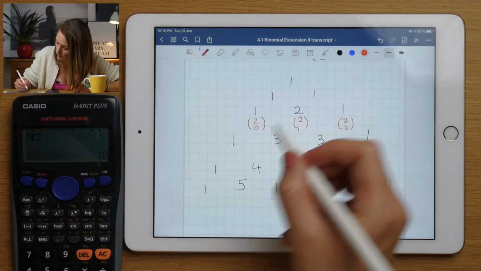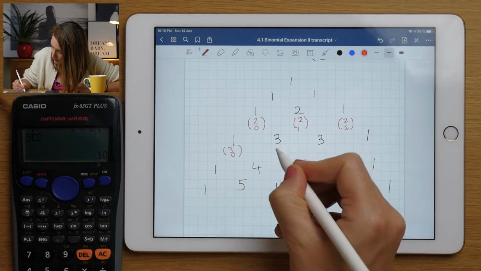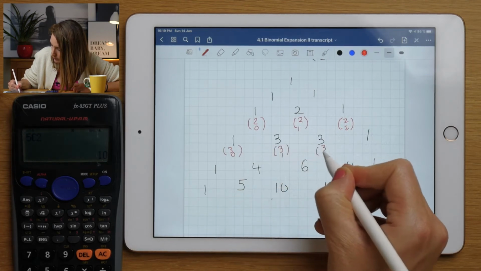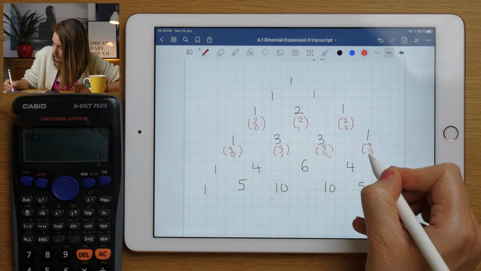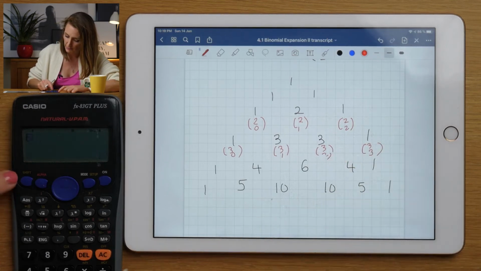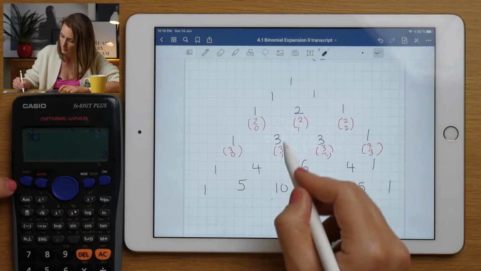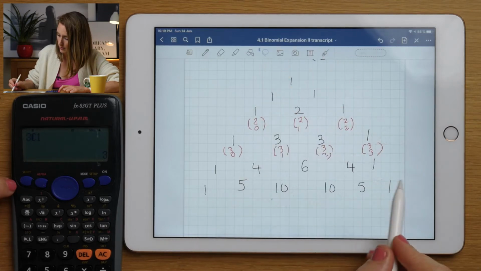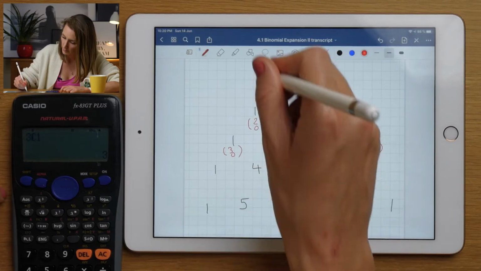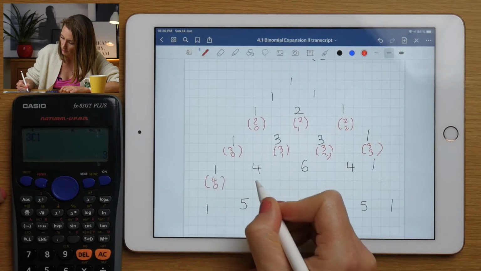If you were going to write these all in, this would be 3 choose 0, 3 choose 1, 3 choose 2, 3 choose 3. So for example, instead of typing it in, if I wanted the answer straight away for 3 choose 1, I know it's here. This one would be 4 choose 0.